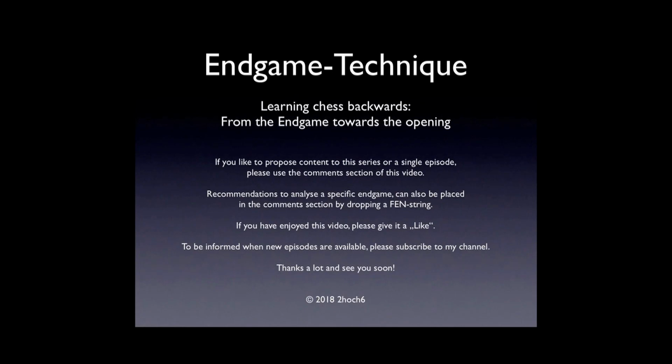So I hope I was able to make you a little bit curious about what will happen in this course, and was maybe also able to awaken your interest in playing the end game rather than the opening. And I would really appreciate if you follow this chess course with the next episodes to come out shortly.